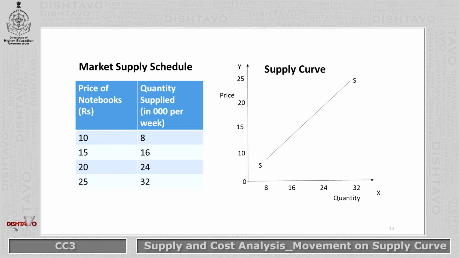When the price is 15 rupees, quantity supplied is 16,000 units. When the price goes up further to 20 rupees, quantity supplied increases to 24,000 units. Still, when the price goes higher to 25, quantity supplied also increases to 32,000.